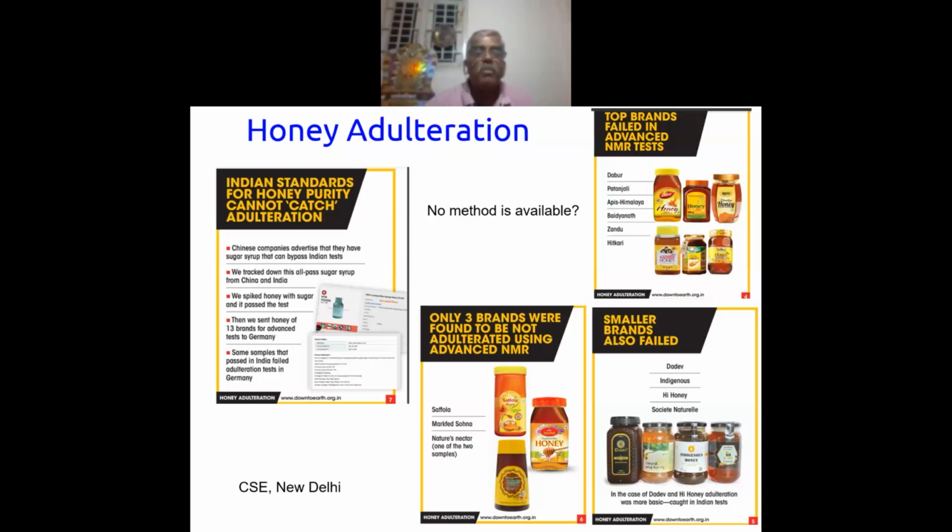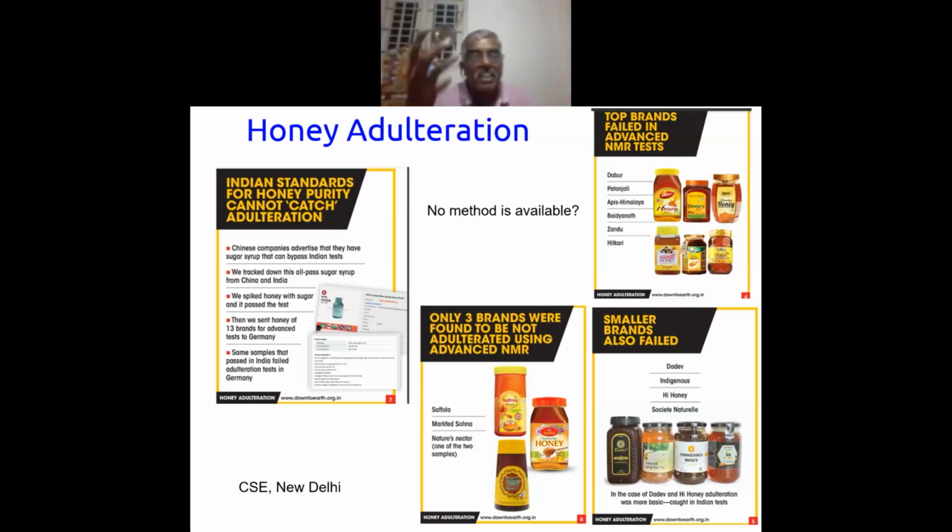One of the recent news items published by the CSE says we don't have the method to identify honey adulteration. I think it is very pathetic news in India. They tested with whatever instruments we have in India, and it is very difficult to find out whether honey is adulterated or not.